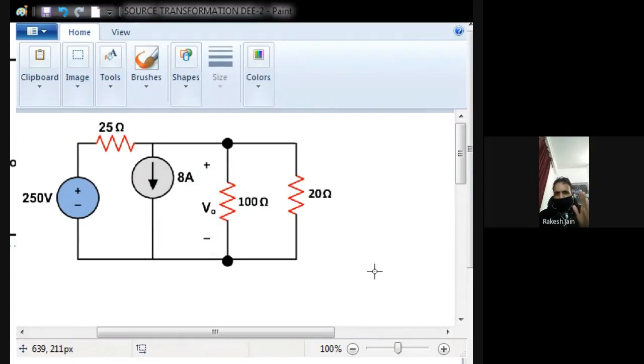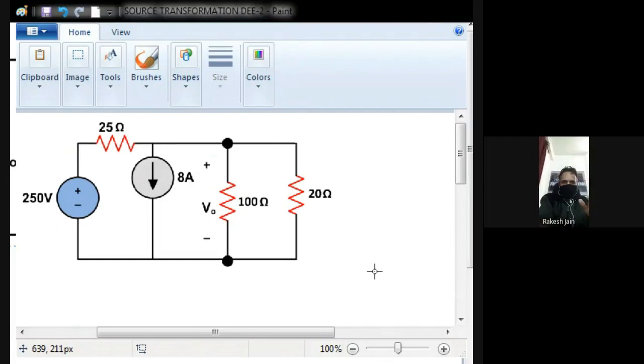Any type of numerical can come in front of you. What is the current in 25 ohm? What is the power consumption in 20 ohm resistance? What is the voltage outside the 20 ohm resistance? What is V0 voltage outside this 100 ohm resistance? Any kind of numerical can be generated with the help of a single numerical.